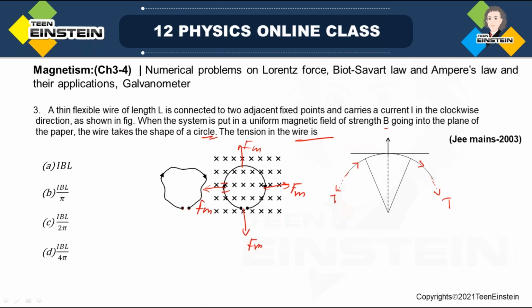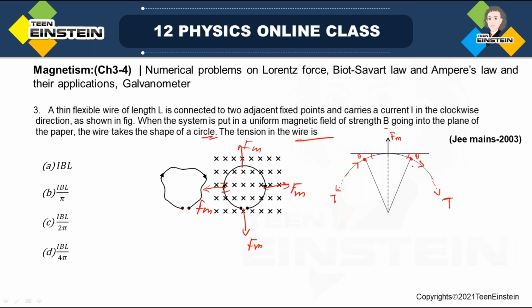If I consider this point and this point, this small portion of the arc between these 2 points, this is the magnetic force as I have shown here, radially outward, and say this particular angle is theta, which is a very small angle.